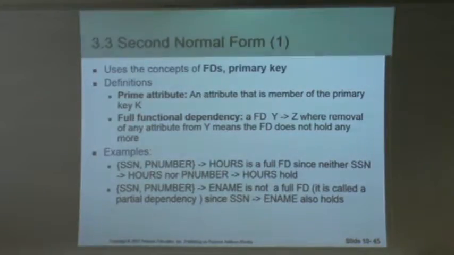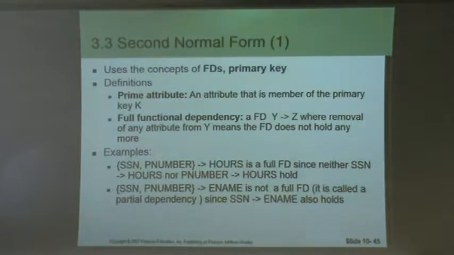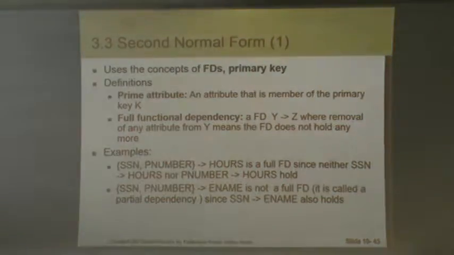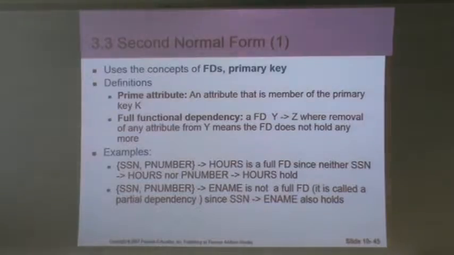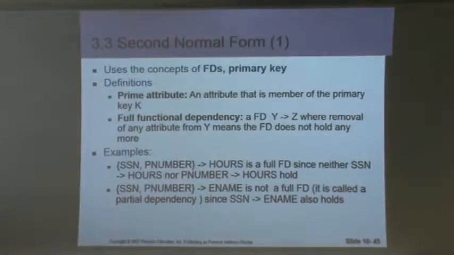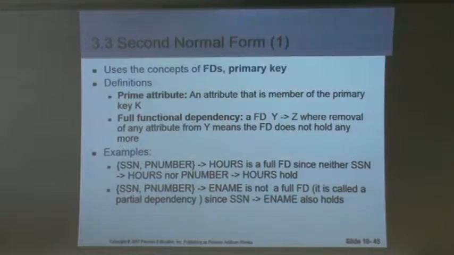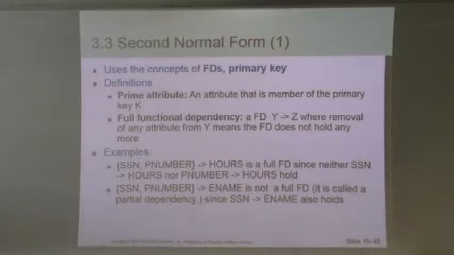What does that mean? Full dependency means, here in this example, social security number, comma P number determines hours. All attributes should be determined by social security number plus P number. Okay? Like this, but here, social security number, P number, E name is a full dependency?